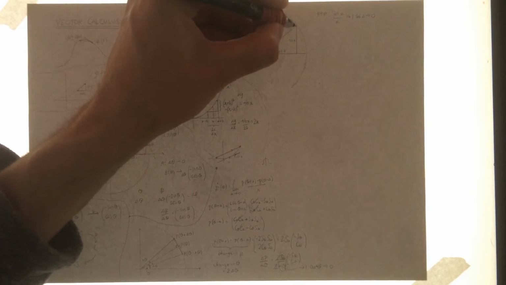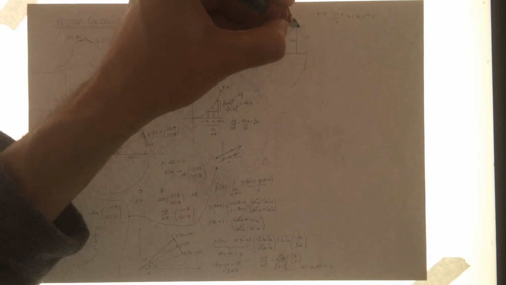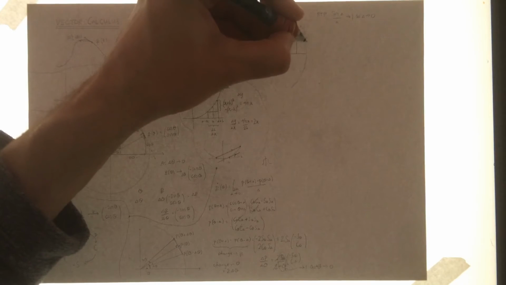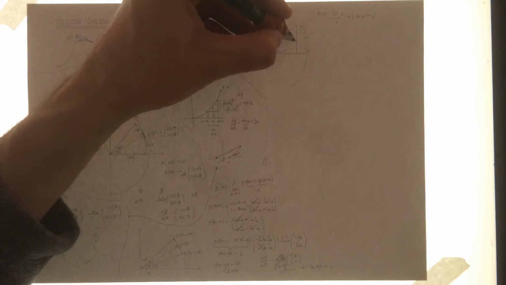Now, can you see this arc length is just delta? So what we're required to prove is that this line, in the limit, the length becomes equal to this arc, and it's intuitively obvious. You can imagine just shrinking this angle.